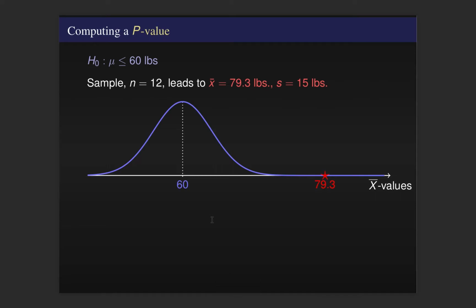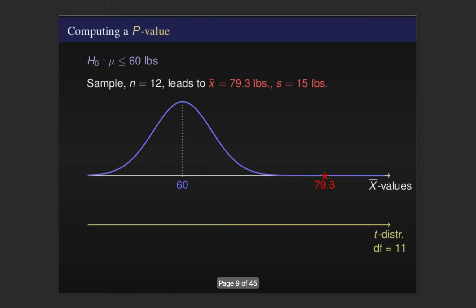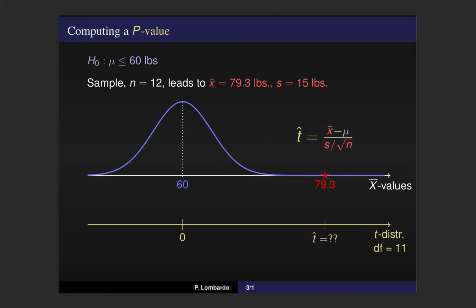So remember our little heuristic example. We were looking at Labrador retrievers. I had a colleague who claimed that the mean weight for all Labrador retrievers is 60 pounds or less. We collected a simple random sample of 12 dogs and found a sample mean weight to be 79.3. Converting everything to t-scores using our t-hat formula, the sample mean we collected corresponded to a t-distribution value of 4.46, assuming that the null hypothesis is true.